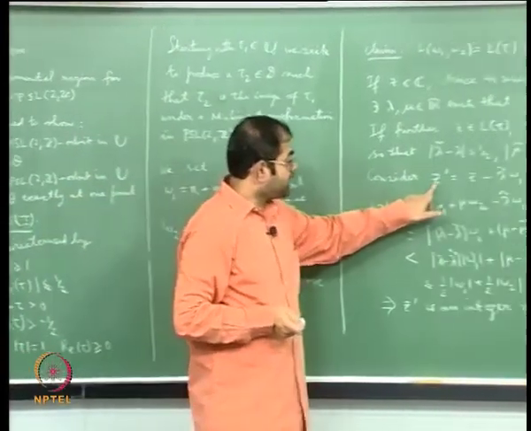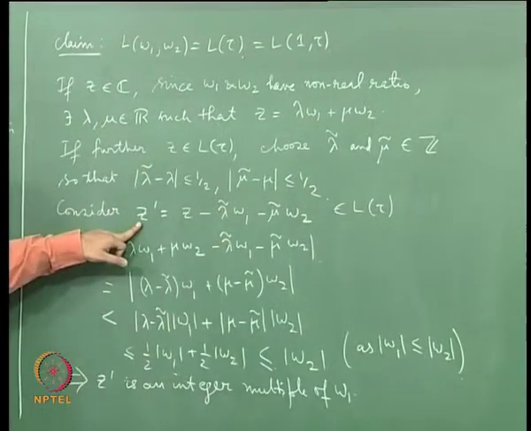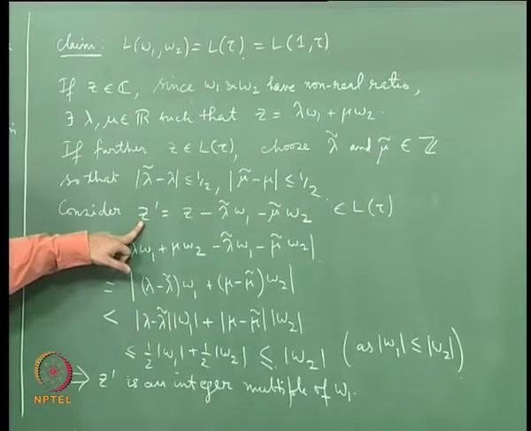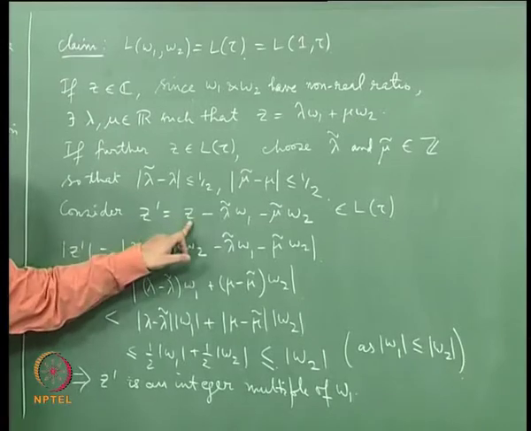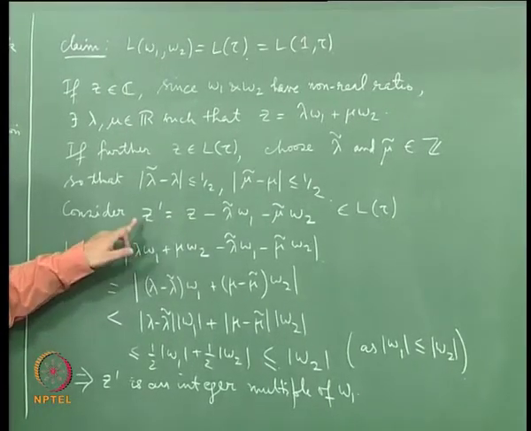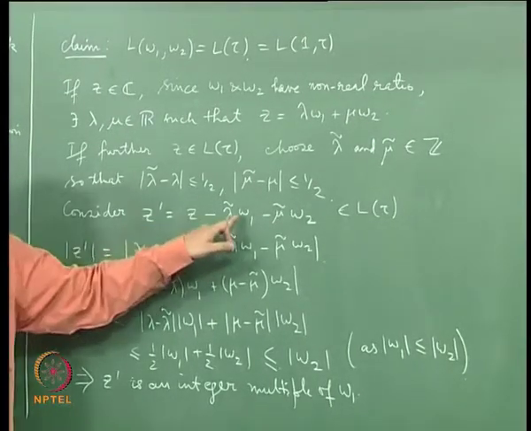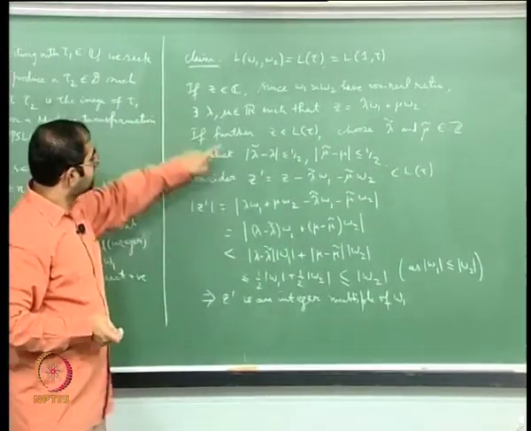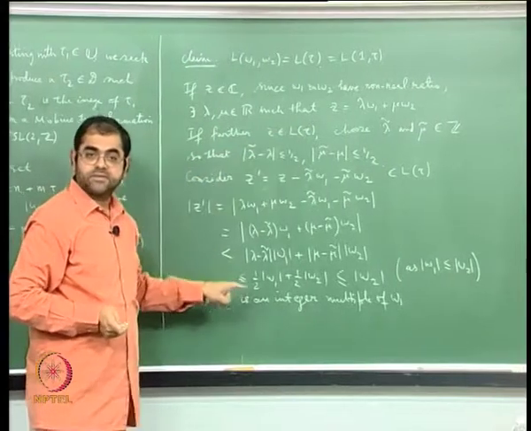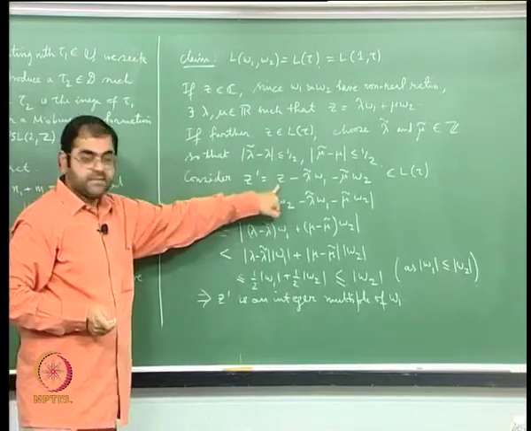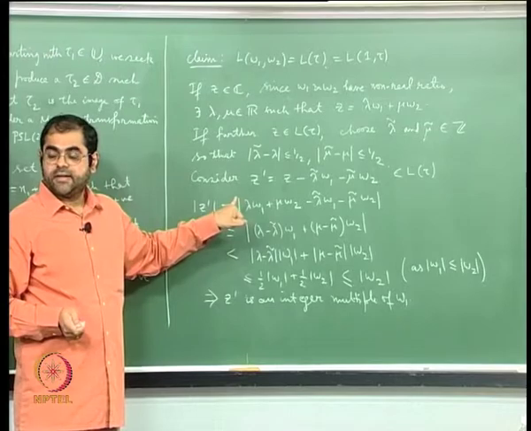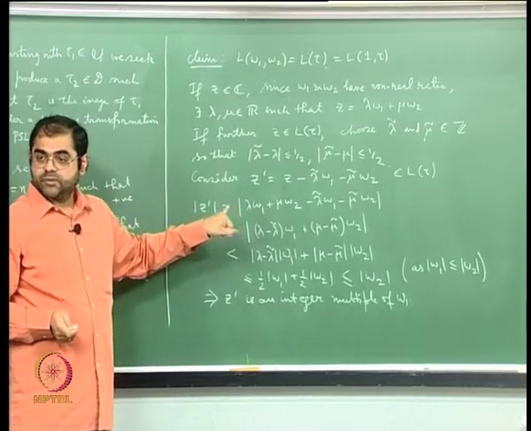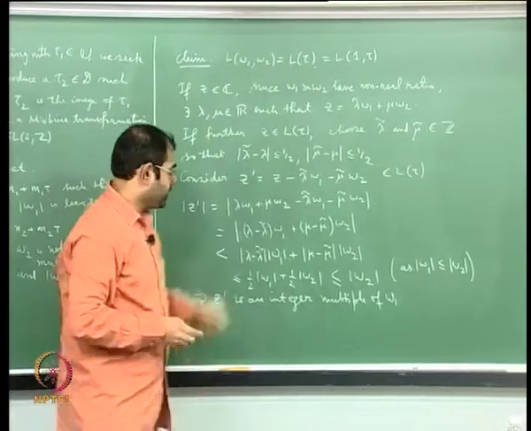Now go back to this equation. If z′ is an integer multiple of ω1 and you push z to one side, that will tell you that z is in the lattice generated by ω1 and ω2. So I start with a z in L_τ and I have established that z is in the lattice generated by ω1 and ω2, therefore this equality holds.